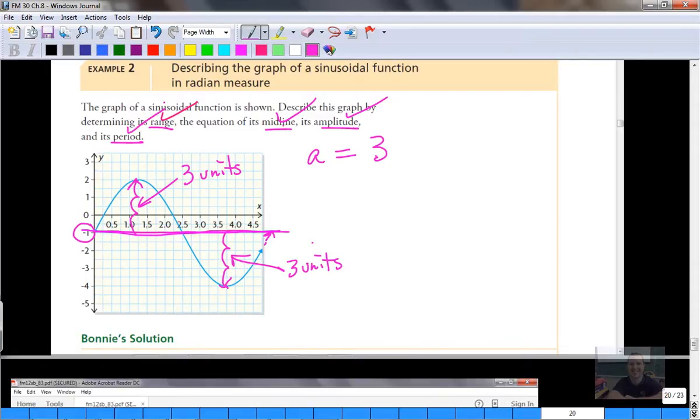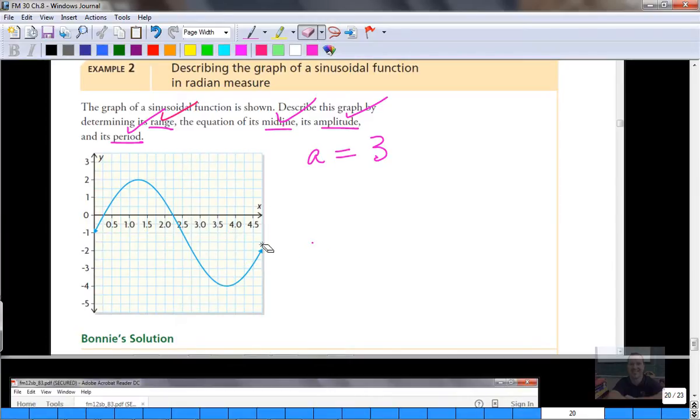Period. Okay, the period is how long it takes for one complete cycle. All right? Now in this question, you can't really see the end of this. It doesn't even show you one complete cycle. So there's things that you could figure it out by doing this. The midline we said was right here. Right?